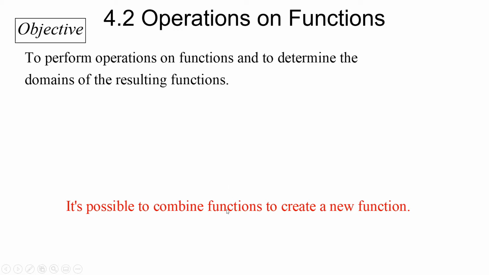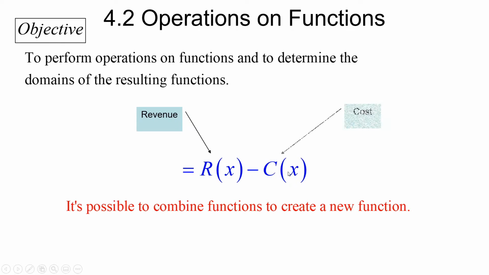For instance, a very common combination of functions would be this expression: r of x minus c of x. We use r of x quite often to represent a revenue or an income function. So revenue minus, and guess what? This c of x would be cost.